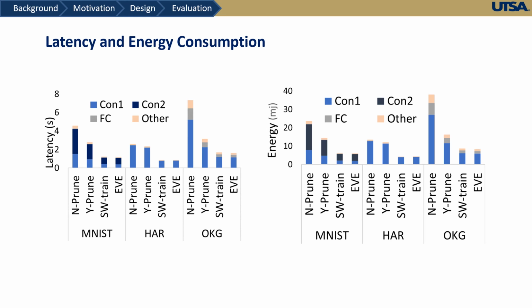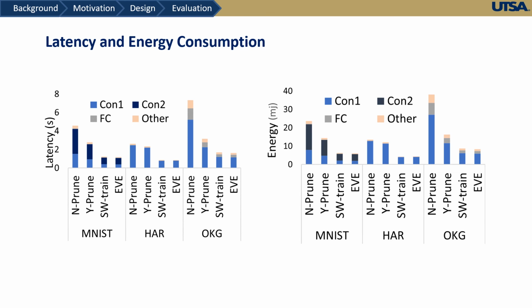Here is the result of on-device latency and energy consumption. The SW train and Eve is our framework, while the N-prune baseline is the naive procedure where three models are not pruned and kept in secondary memory. And during inference, a particular model needs to be loaded into the primary memory. On the other hand, the Y-prune baseline has the pruned models, but they do not share weights.